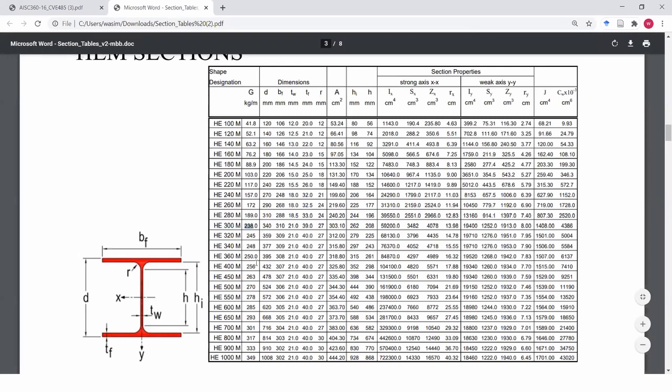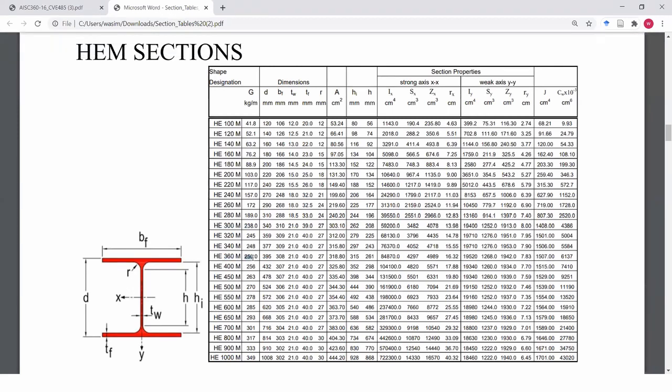And if we consider, okay, we don't have 350, let's consider 360. If HEM 360 also satisfies the safety, we have to check the weight. So we have 250 here, we have 238. Which one am I going to take? I'll take the lightest wide flange, of course. Why? Because it reduces the cost.